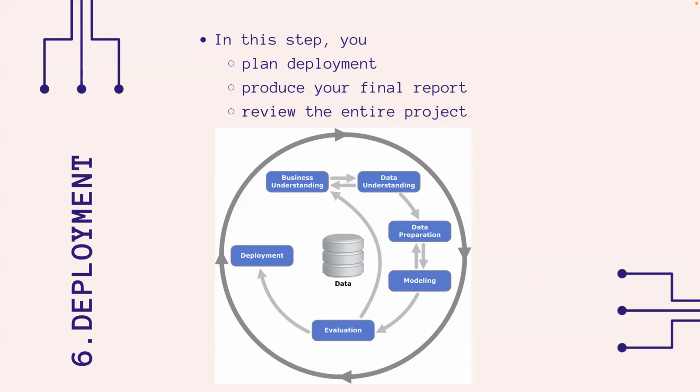So if that seems like a lot of work, that's why there are generally several people on your data science team. You don't just have one person that does absolutely everything.